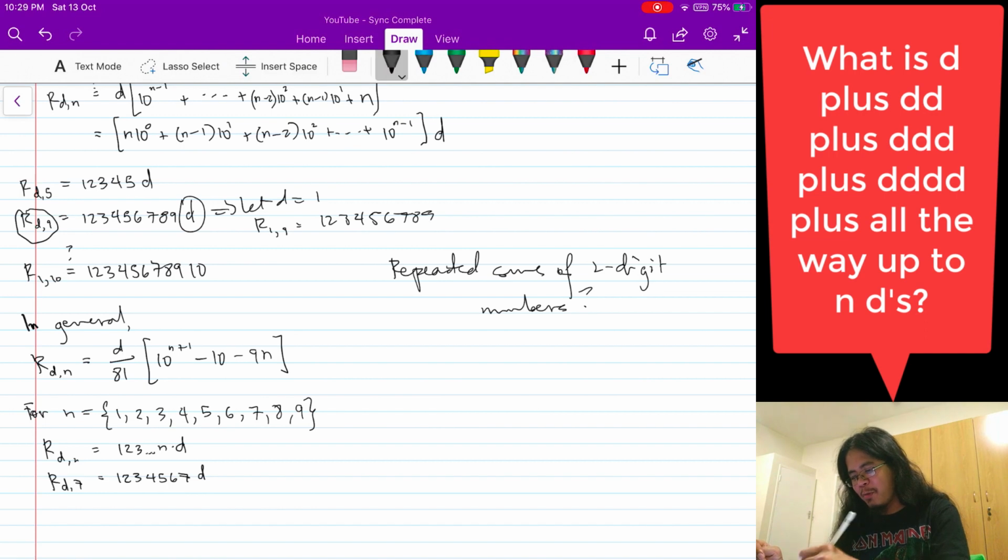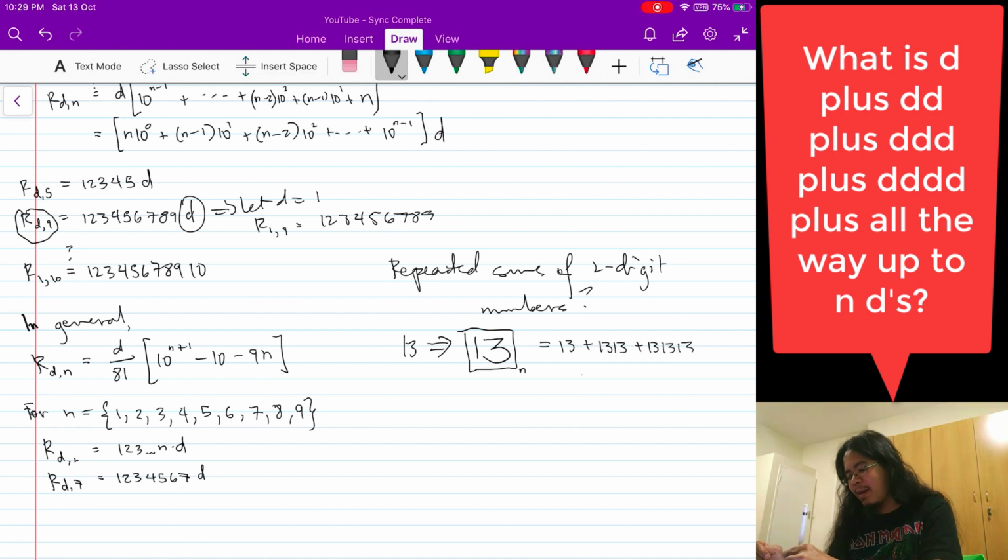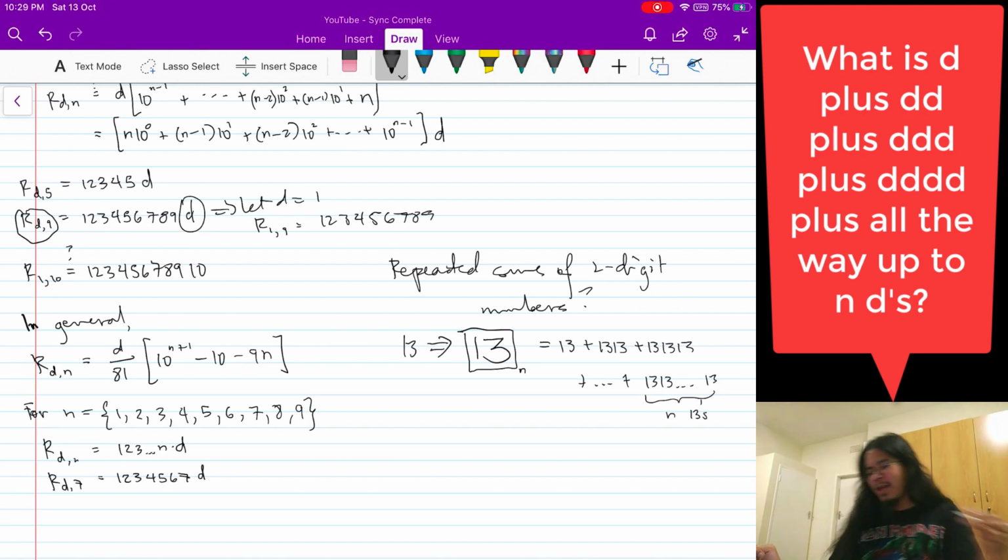So you know what I mean when we say 13: we want to find the sum of 13. Let's draw a box there, that's the variable n. That means you go 13 plus 13 plus 13 and so on, all the way up to n instances of 13. So the question is, for any two-digit numbers, that's a lot.